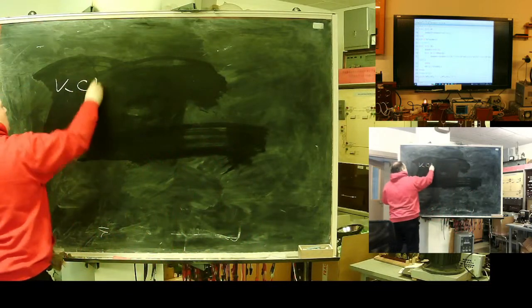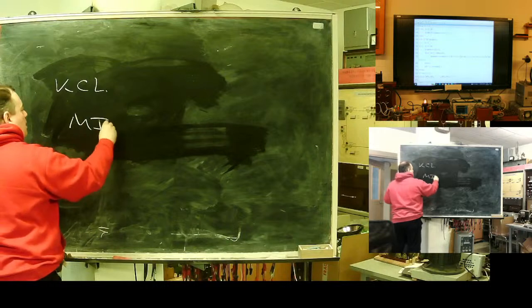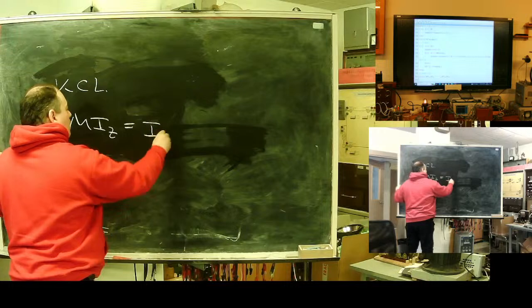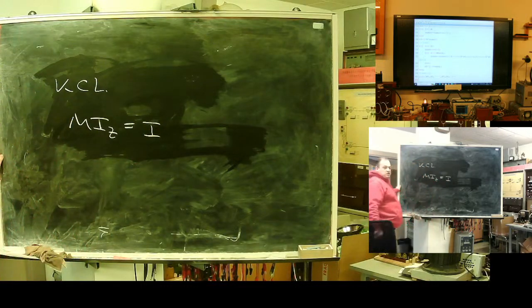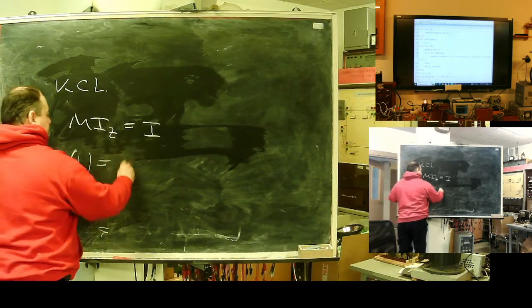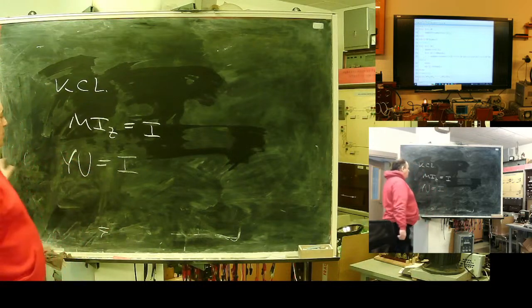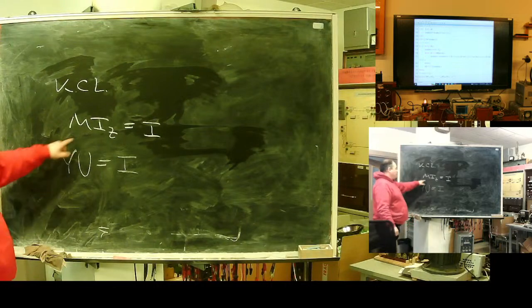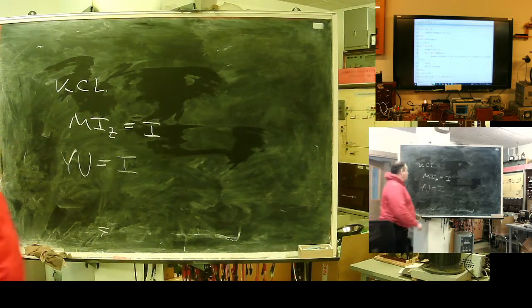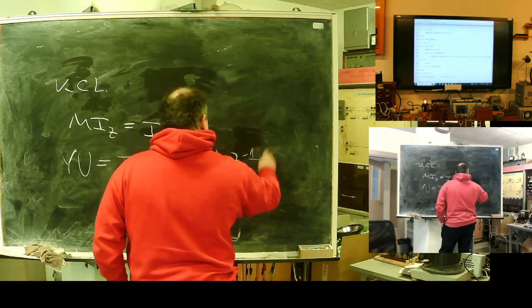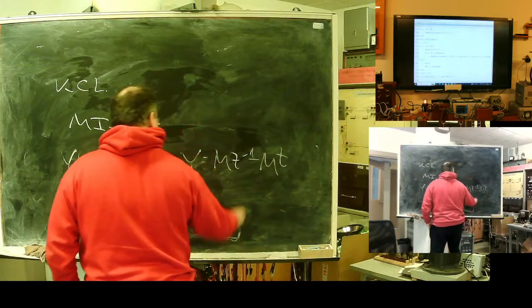Kirchhoff's current law: M times the vector of branch currents equals I. Think about what I just wrote. Nodal admittance will look like this. Where's the connection? One moment, I will make a connection. Y is M times the inverted Z matrix times M transposed.